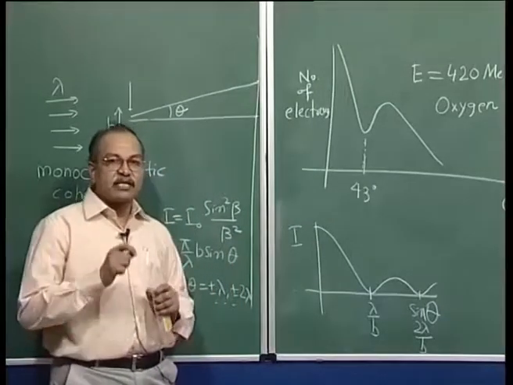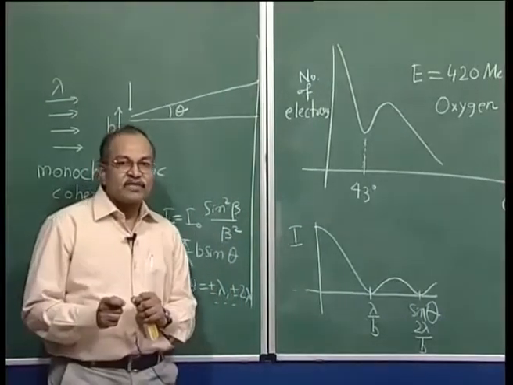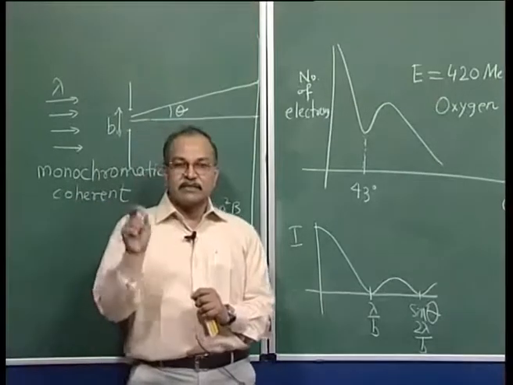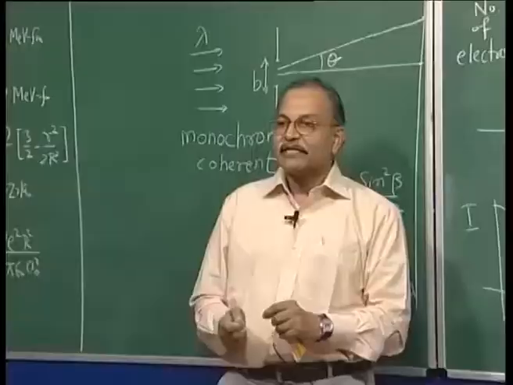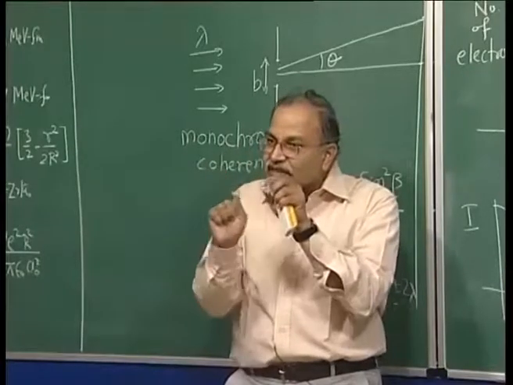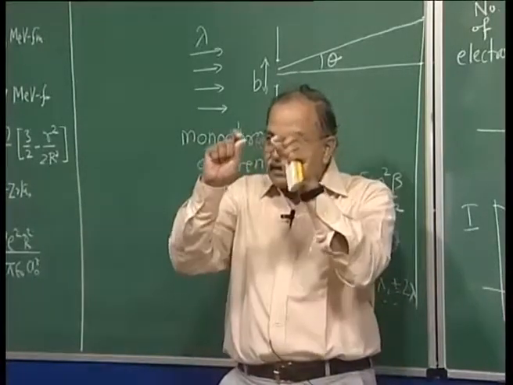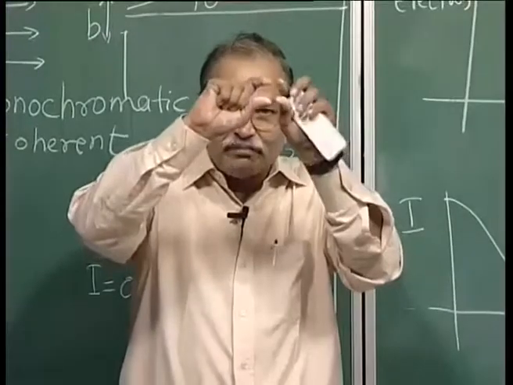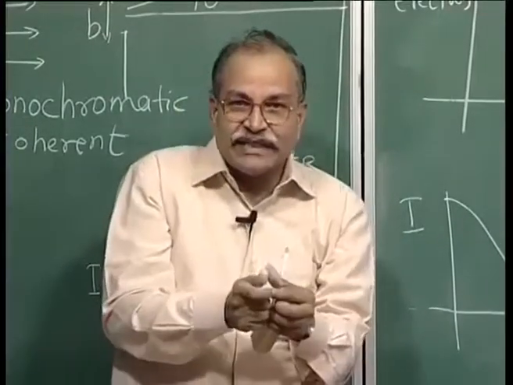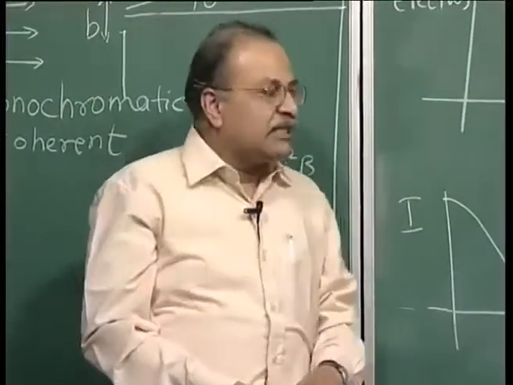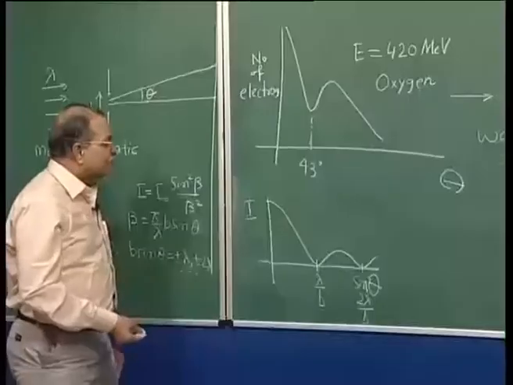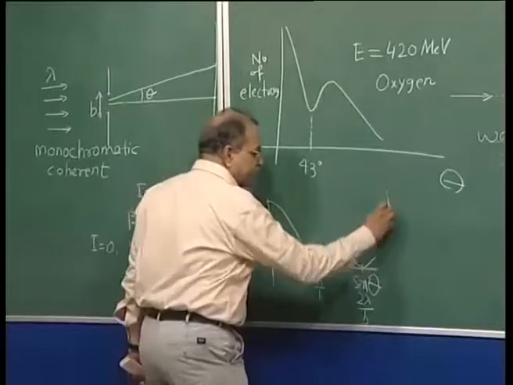If you have a circular aperture, not a slit, and light goes through that, then you get a bright disk in the middle and then a dark ring and then a bright annular ring with lower intensity and then again a dark ring and so on. And the first minimum that occurs, so this is for single slit.